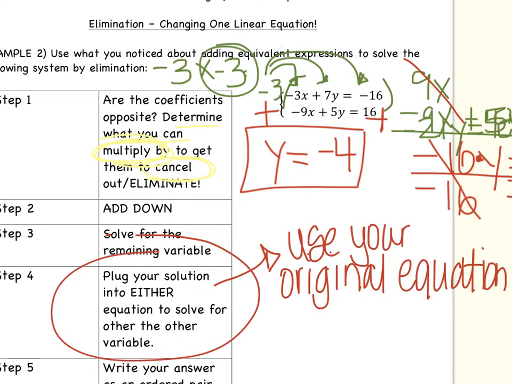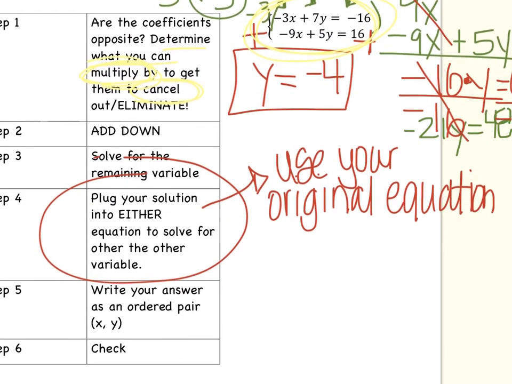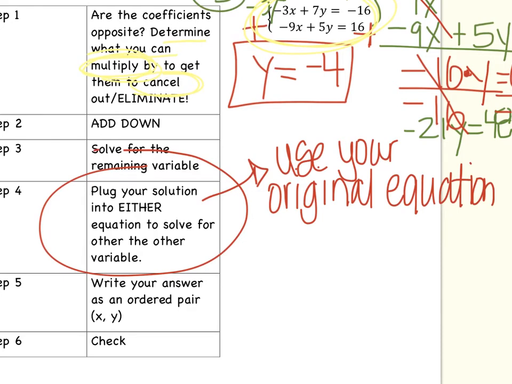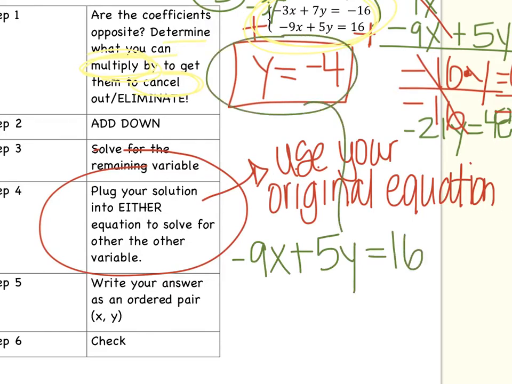I'm going to use one of these two equations. I'm going to use the bottom one, so I'm going to rewrite it. I have negative 9x plus 5y equals 16. And now I'm going to substitute. I'm going to plug negative 4 in for y.